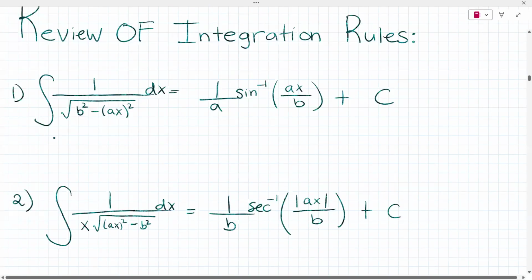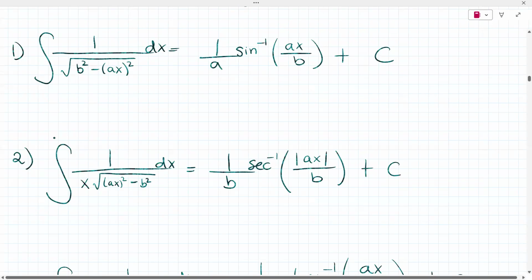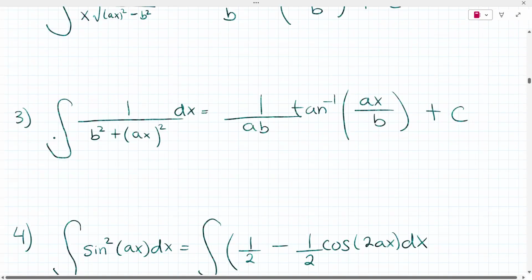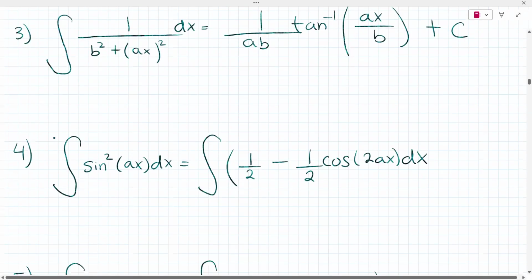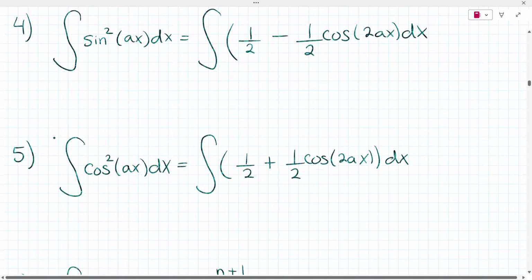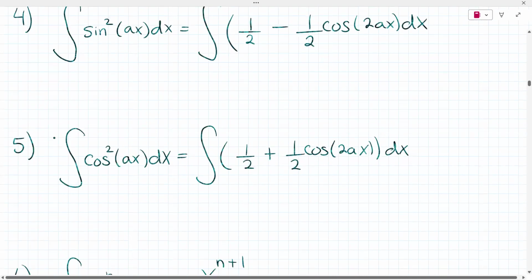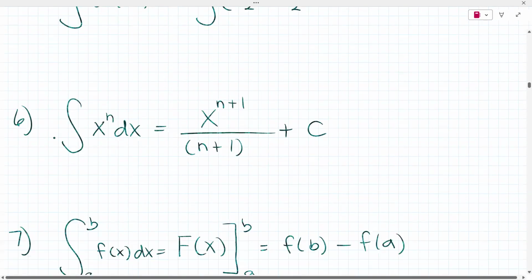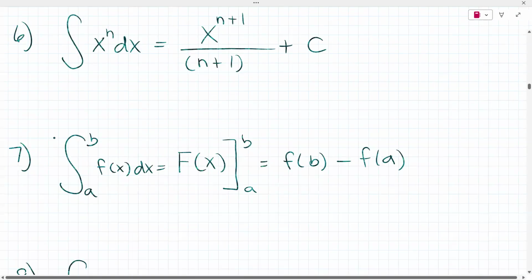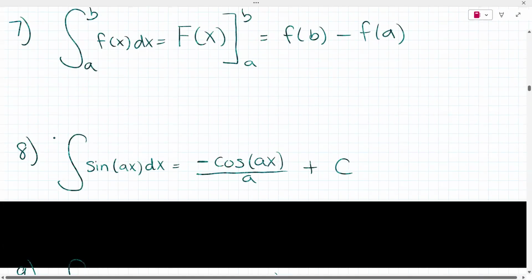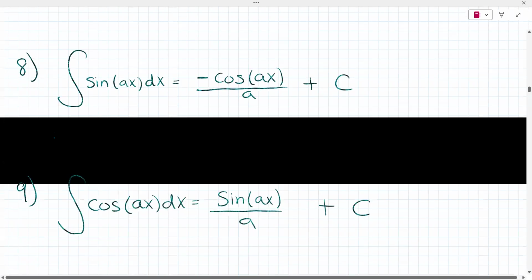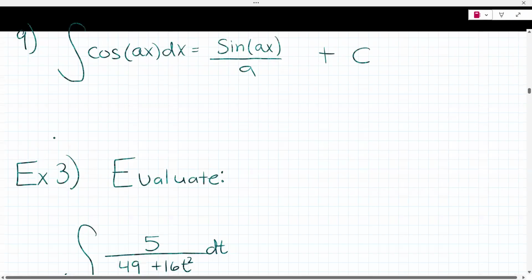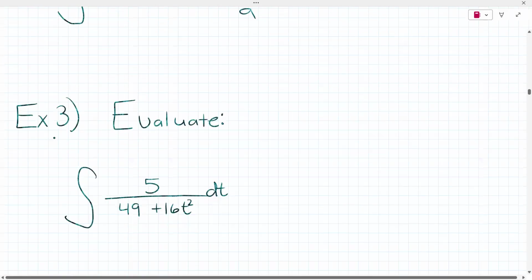There's rule 1, 2, rule 3, rule 4, rule 5, 6, rule 7, rule 8, rule 9. Okay, let's move on to example 3.